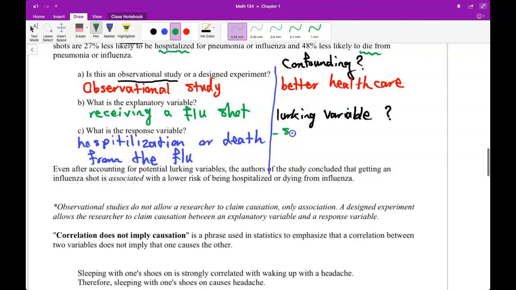You may have socioeconomic reasons, so socioeconomic status. Another one, they may not have health insurance, or okay, may have or may not have.